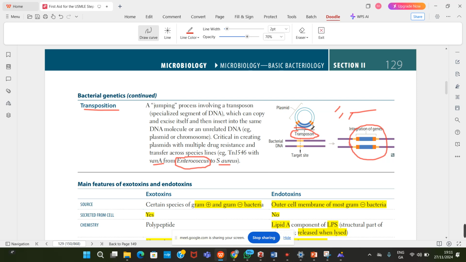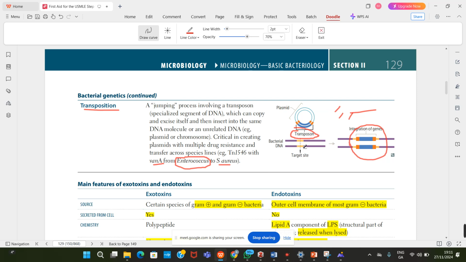Now, when the bacteria that contains the jumping gene interacts with another bacteria, you can have cutting or copying of this jumping gene into the other bacterial DNA, and it will paste itself. It's copy and paste.